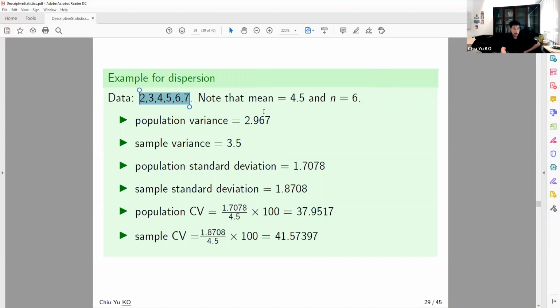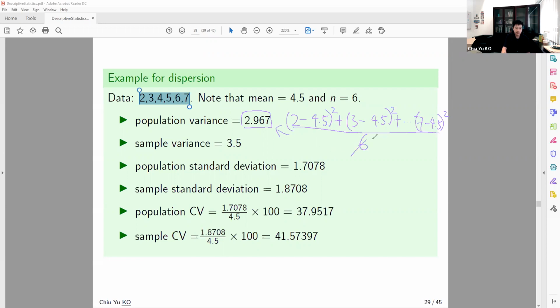Although we don't show it, you can easily do the calculation and check the sample variance and standard deviation. Let me write down the formula for how you calculate this. You take 2 minus 4.5, squared, 3 minus 4.5, squared, and do this for everything until 7 minus 4.5, squared, and divide by 6 to give you this answer.